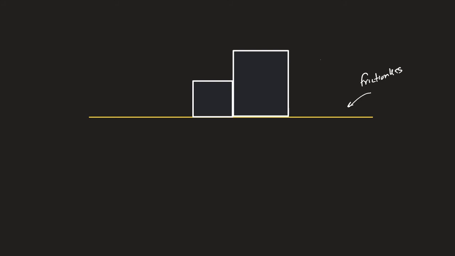We'll deal with the simplest example of this that I can come up with. Let's go with a frictionless surface. Let's go with a 10 kilogram box and a 5 kilogram box. And you apply, let's go with 30 Newton force.